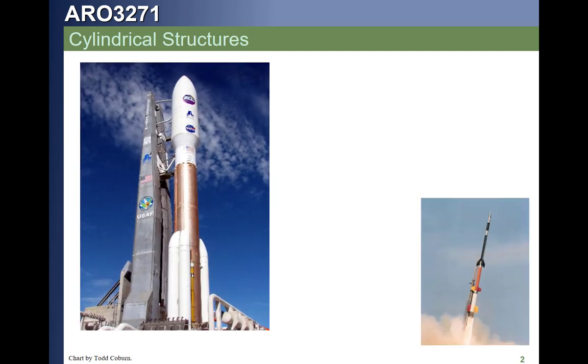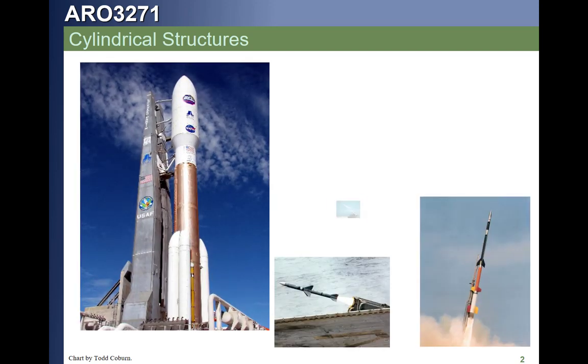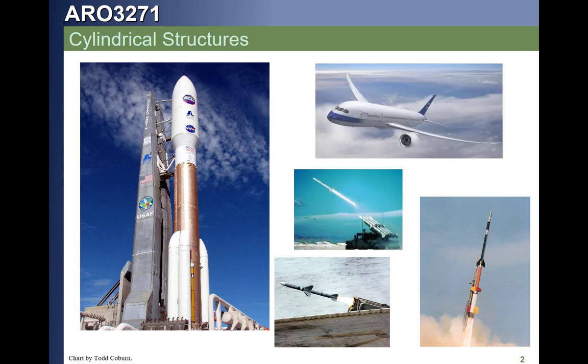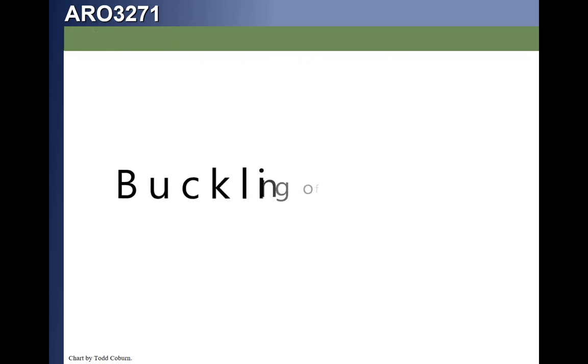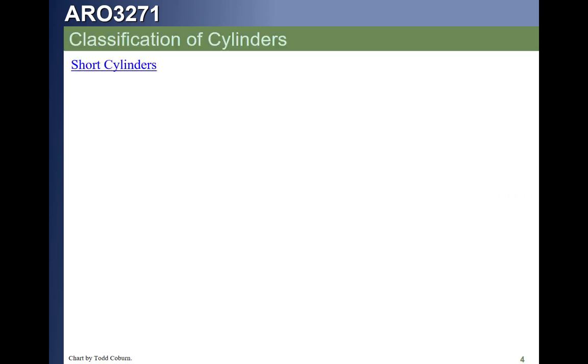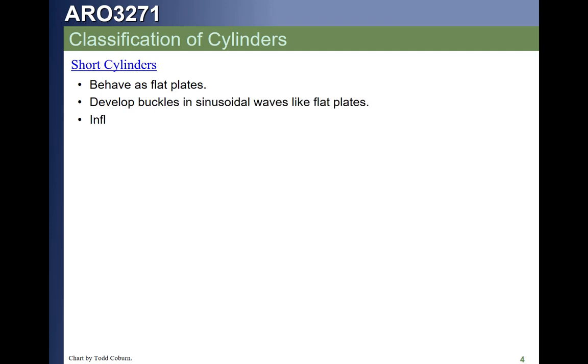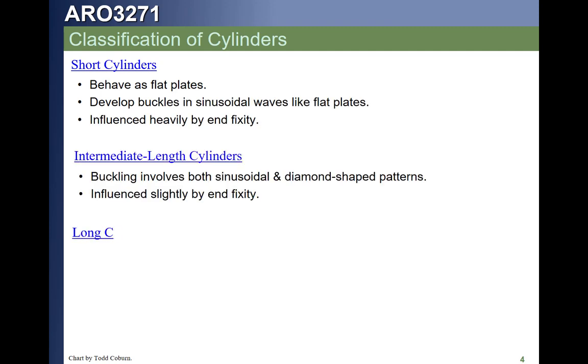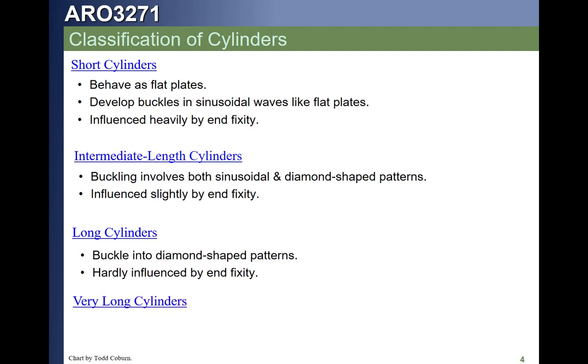These are some typical cylindrical structures you might run into in aerospace. And we can start by classifying cylinders as short, intermediate, long, or very long. Short cylinders are going to behave kind of like flat plates, especially when the radius is rather large.